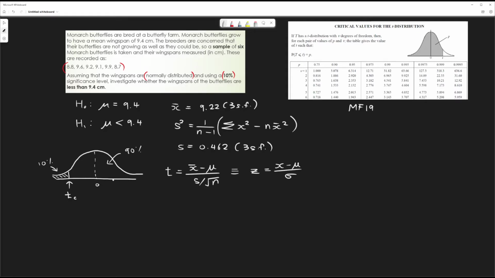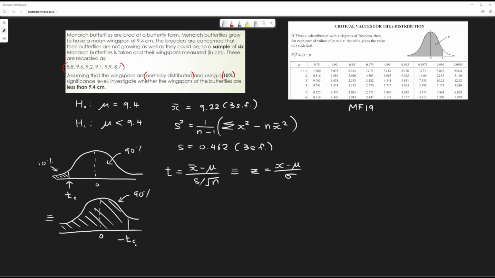But finding this TC here is equivalent to finding this negative TC. If we can work out the negative TC value from this graph, we can infer what TC is, which is what we are trying to find.